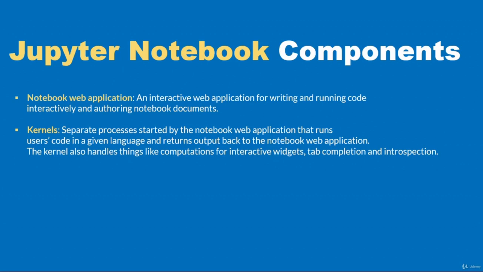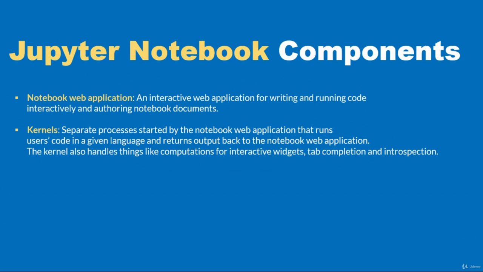And what it does, it returns the output from the code back to the Notebook web application. The kernel basically handles things like computations for interactive widgets, tab completion, introspection, and other bits and pieces. So the kernel basically interacts with the Notebook web application.